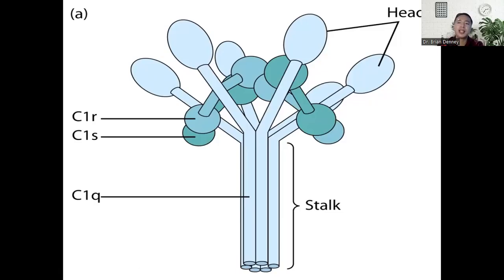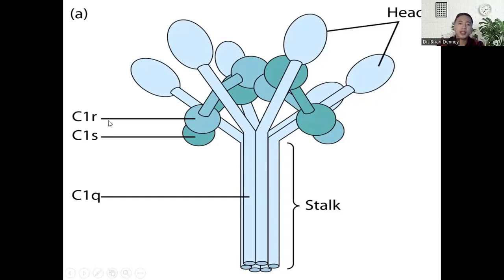And how many globular heads do you see? 6, of course, because you have 6 stalks, and each stalk ends with 1 globular head. So you have a total of 6 globular heads. Listen. Now, I want to direct your attention to the arrows here pointing to C1R and C1S.